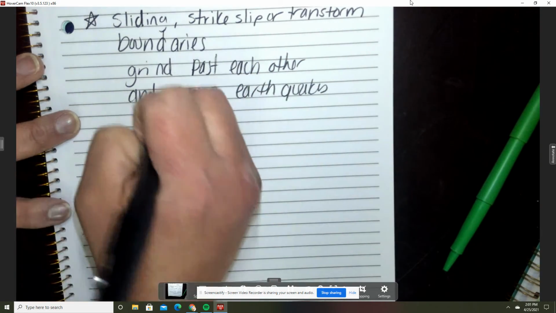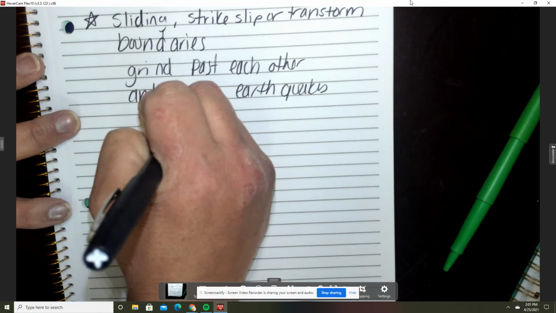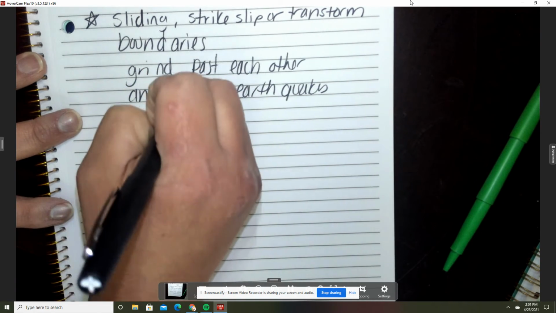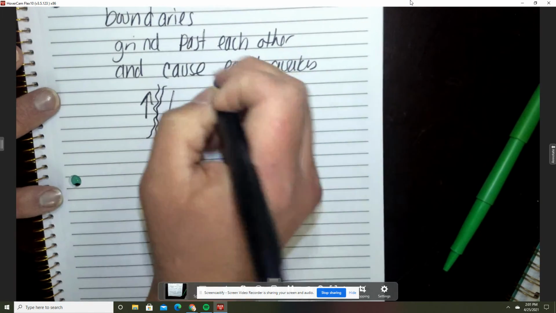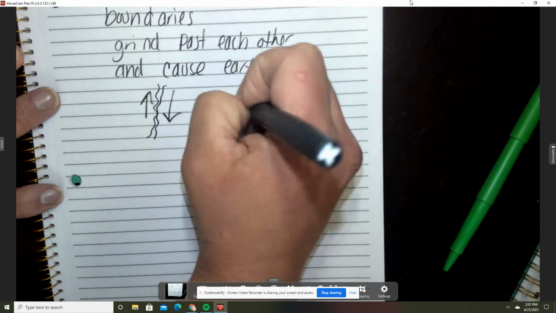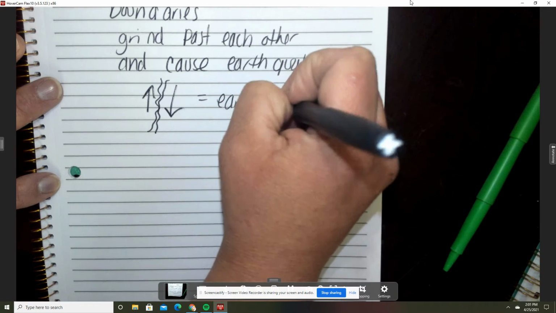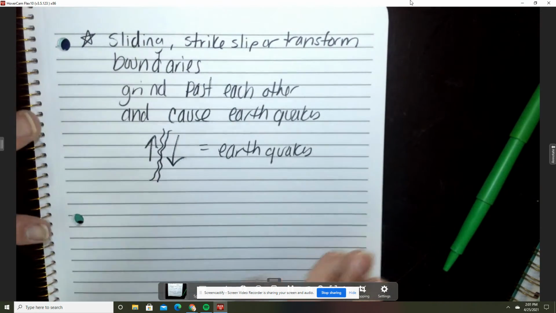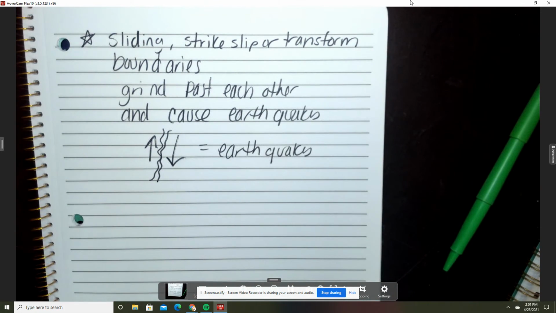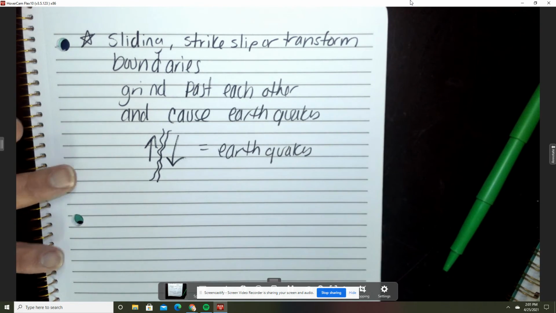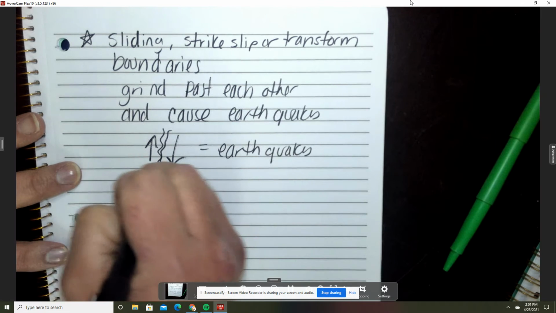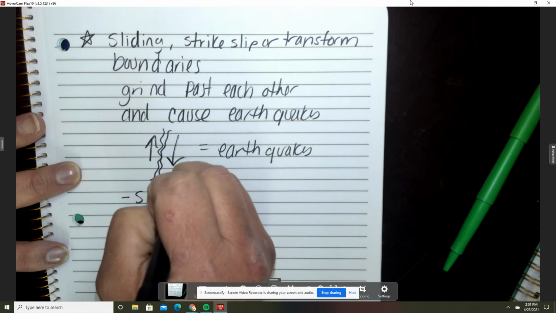Okay. So they move at the boundaries. The San Andreas Fault is a famous fault line where this happens.